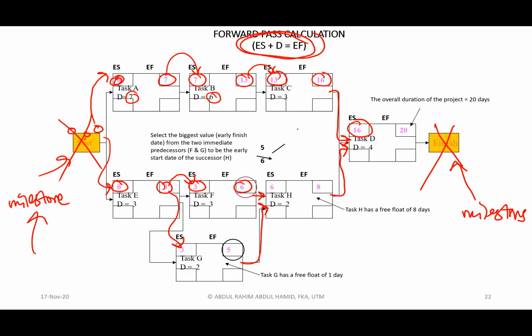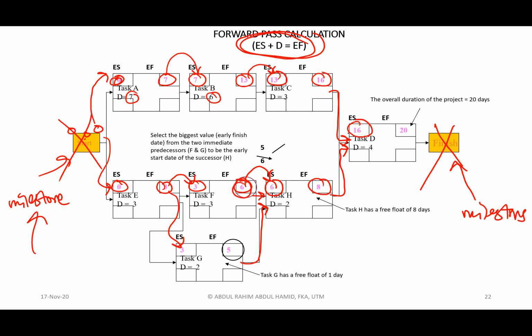Remember, H can only begin after F and G are completed. G completed on the 5th day, whereas F completed on the 6th day. So H will take whichever is the longer duration among the predecessors. So 6 will go into this box. 6 plus 2 equivalent to 8.